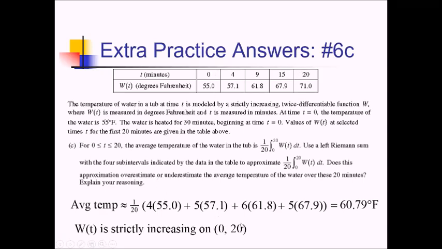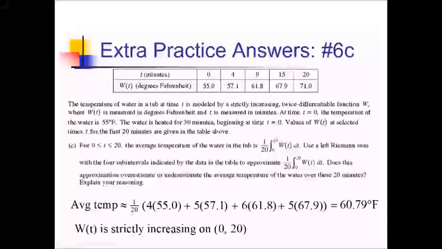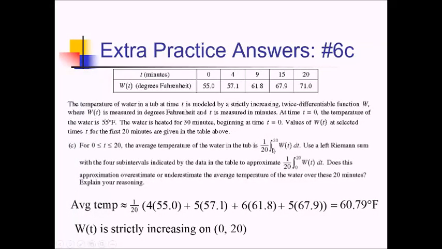So I'm going to mention the interval in there for full credit. And since we're strictly increasing there, LRAM is known to under-approximate on an increasing function. So we can write that our average temperature, 60.79 degrees Fahrenheit, our approximation, is actually less than the true average value that they gave us up there. So this is just a fancy way of saying we have an under-approximation.